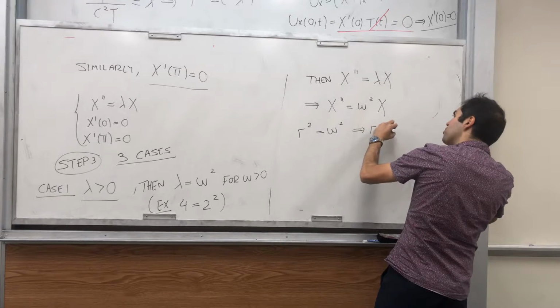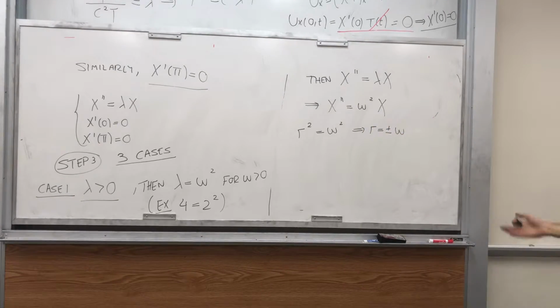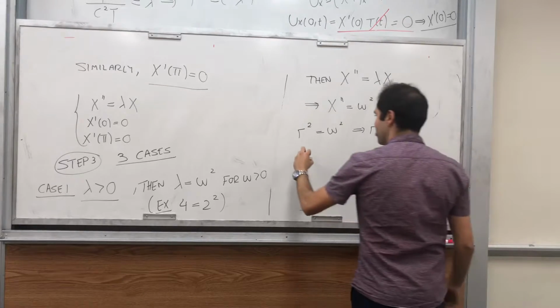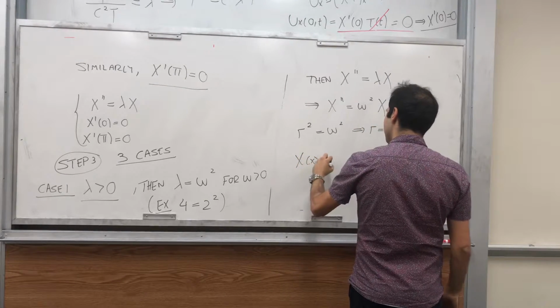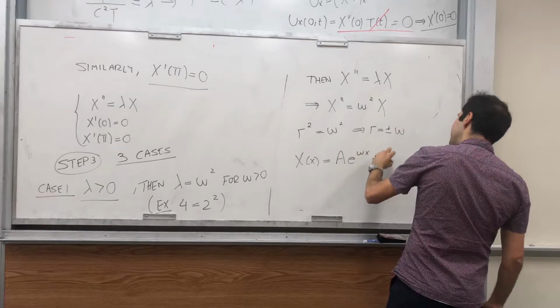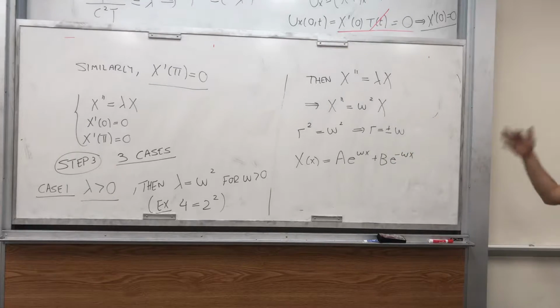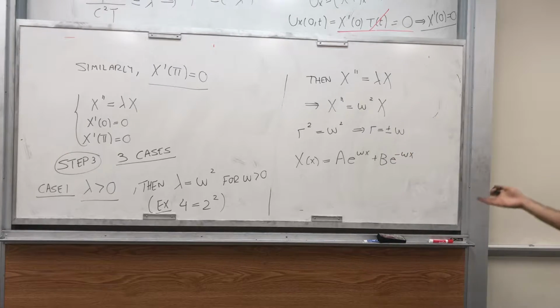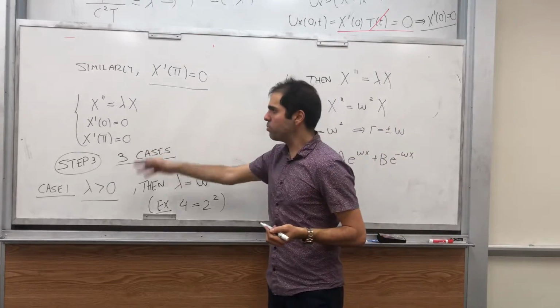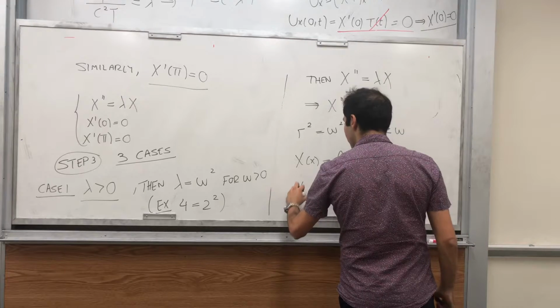So r equals plus or minus omega, which gives you, in this case, exponential solutions. So x of x equals a e to the omega x plus b e to the minus omega x. Now use the boundary conditions. Use x prime of 0 equals 0 and x prime of pi equals 0.